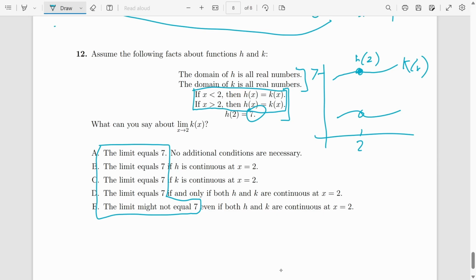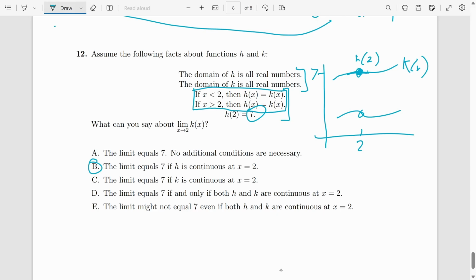And since we have a defined point for h right there, as long as h is continuous at that point, then it means k will be too. So that's B. If h is continuous at 2, then the limit of k equals 7. And I'd really want to explain why C is not the right answer because it's really similar. I'll do it by giving a counterexample.